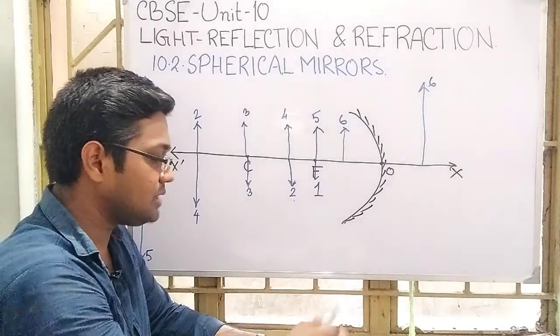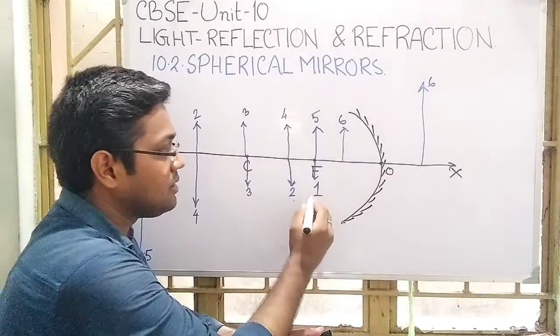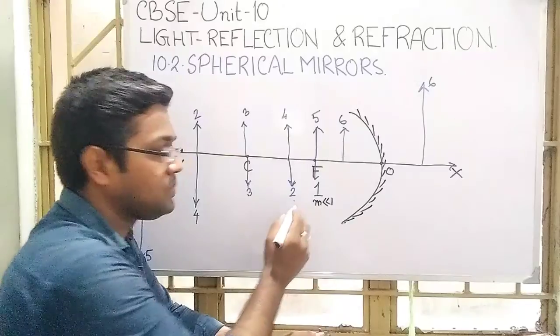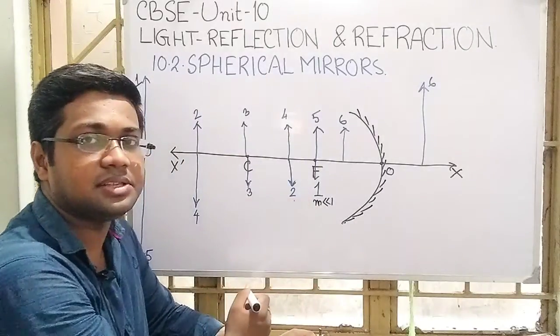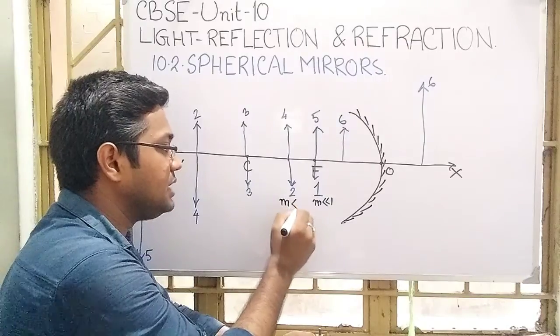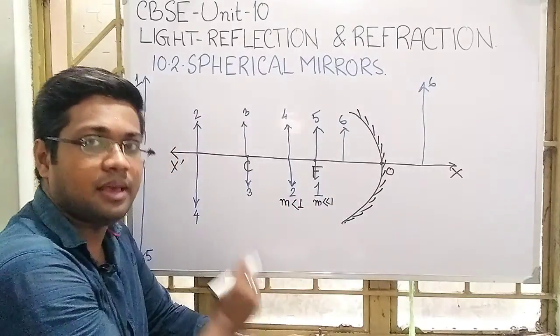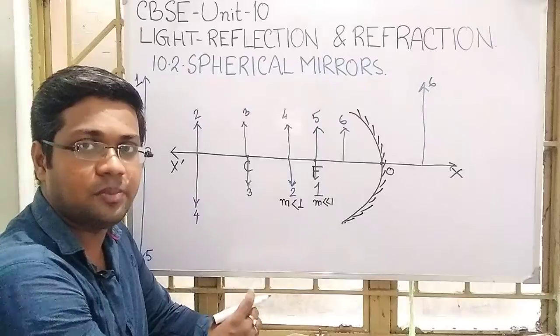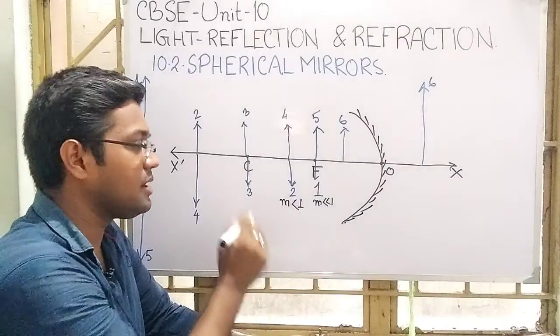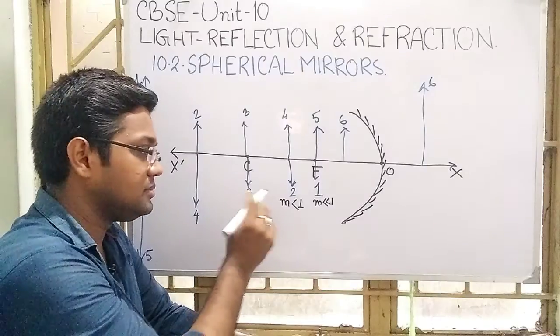In this case, we can say that the magnification is very less than 1, because the image is highly diminished. Magnification is less than 1: the image is diminished, but not that much. It is of a smaller size than the object, but not so very small.